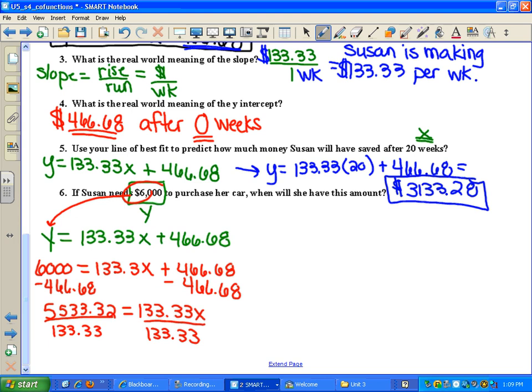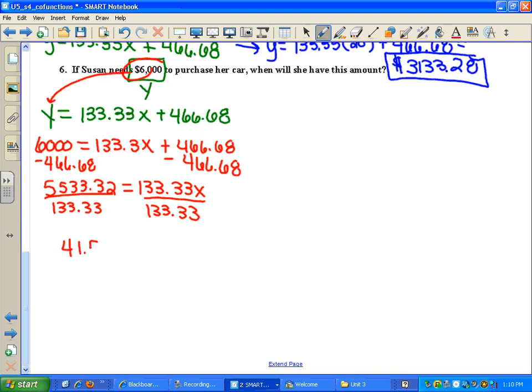So I'm going to take 5,533.32 divided by 133.33. And I end up with 41.54 for my x.